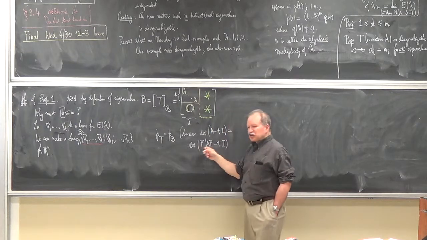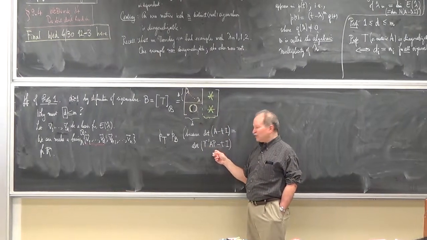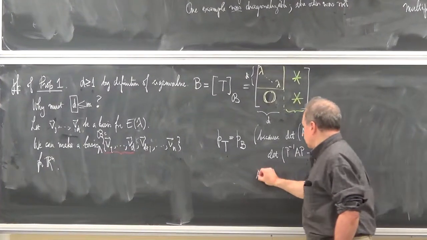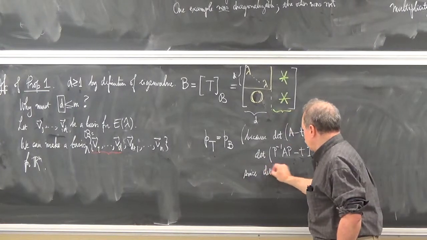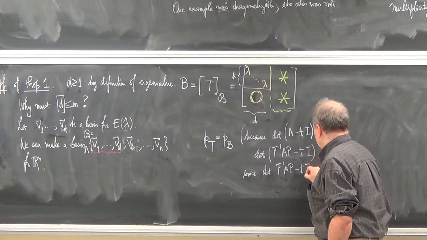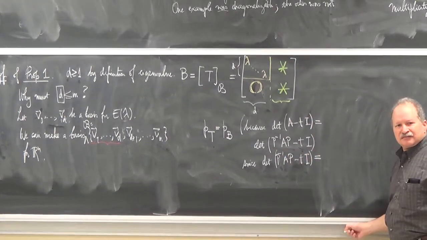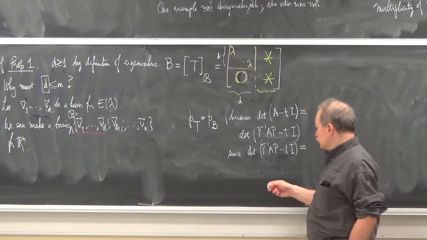So if you do any change of basis, so I said this, but I didn't write it out officially, so I'm writing it out now. Why is this true? Because determinant goes over multiplication. Can you make that a more precise statement? Because the determinant of P inverse will equal 1 over the determinant of P.